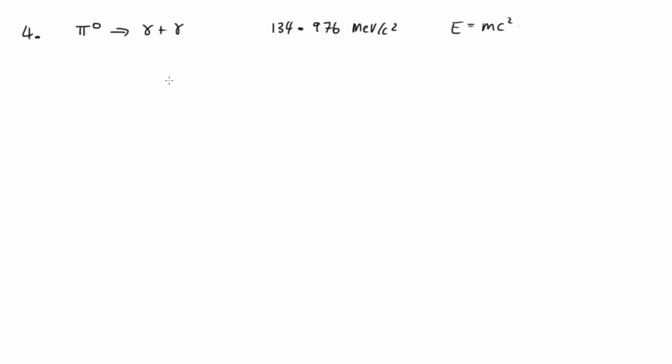Okay, now let's answer that first. That comes down to momentum conservation. So on the left-hand side, this is a pion at rest, so it has no momentum. So on the right-hand side, we can have no momentum as well. But photons are forced to move.